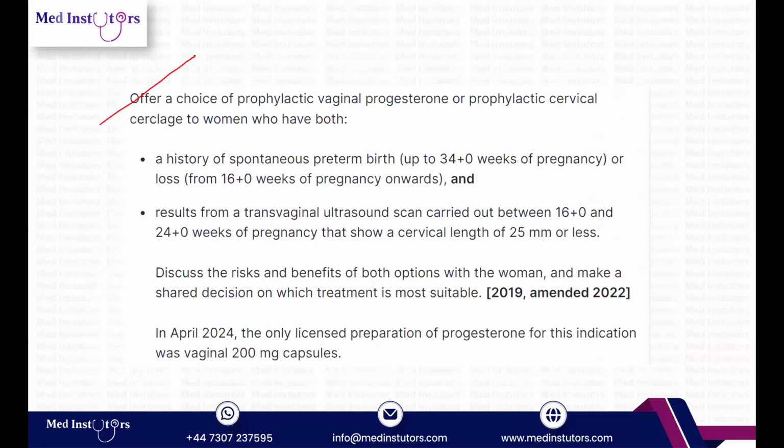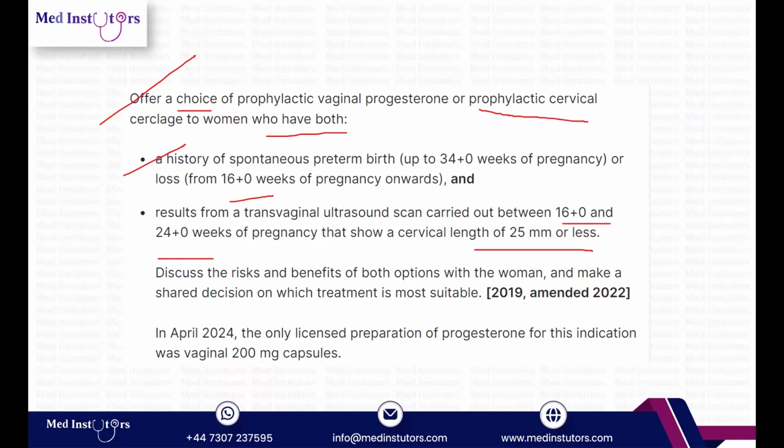This is the guideline. They say that offer a choice of prophylactic vaginal progesterone or prophylactic cervical cerclage to women who have both a history of spontaneous preterm birth or loss from 16 weeks of pregnancy onwards, and also having a transvaginal scan between 16 to 24 weeks showing a length that is less than 25 millimeters.